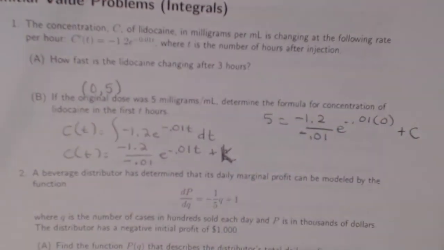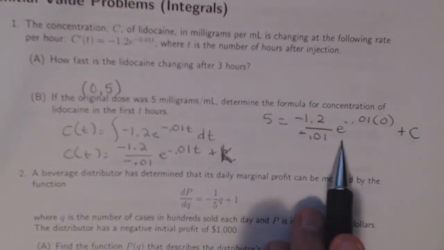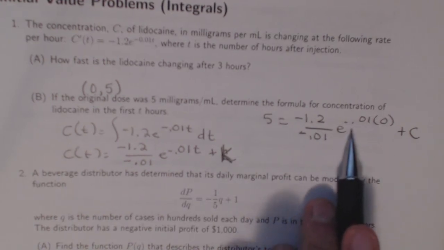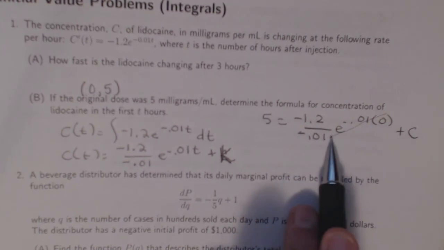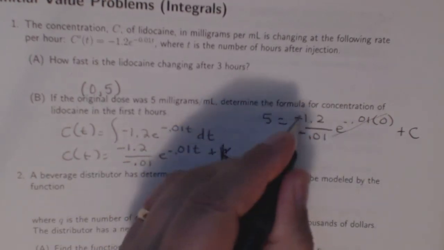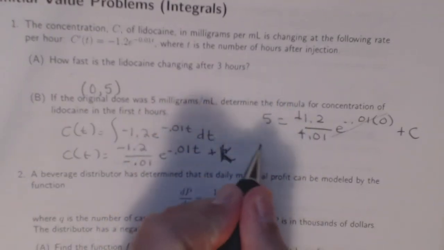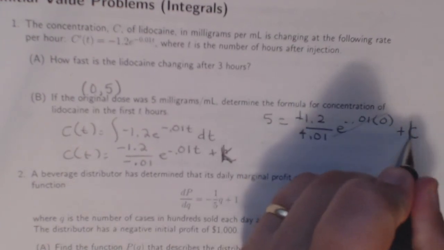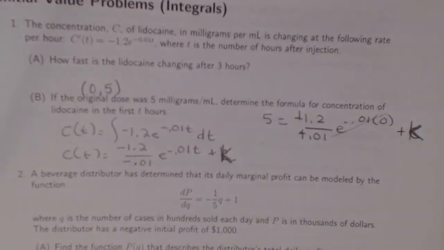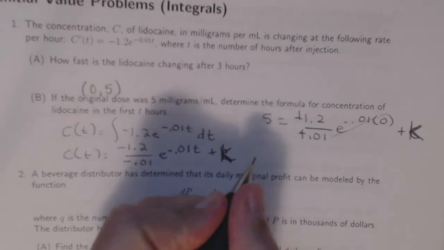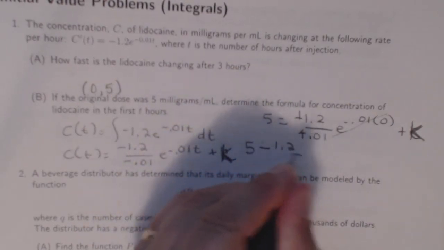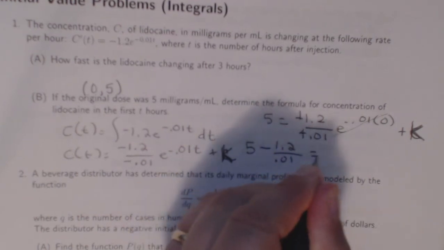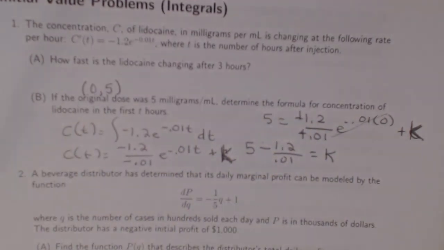And I started this way and I'm ending this way. This e function, e to the negative 0.01 times 0, e to the 0 is not 0, e to the 0 is 1. The negative divided by negative is positive. So this constant isn't going to be trivial like the other two examples because we had polynomials. This constant is going to be 5 minus whatever 1.2 over 0.01 is. And that's going to be our function.